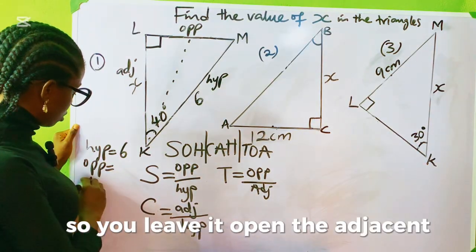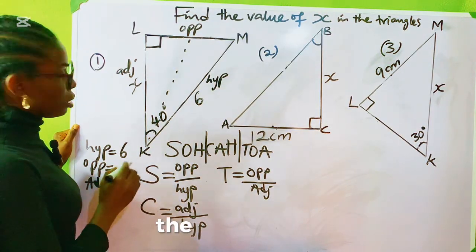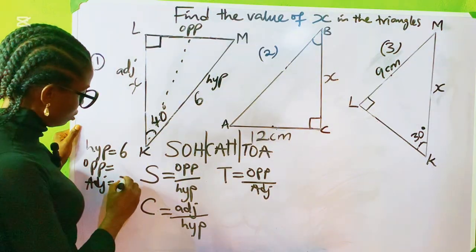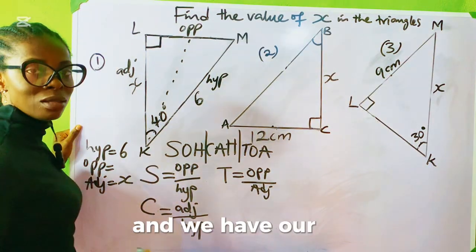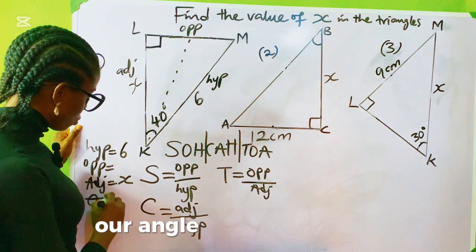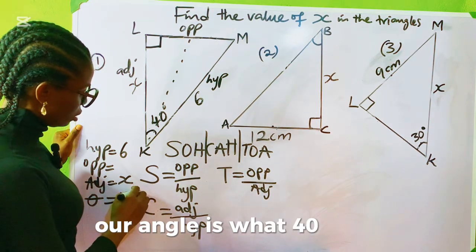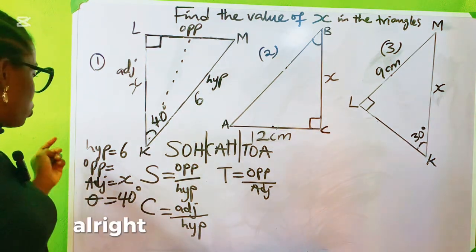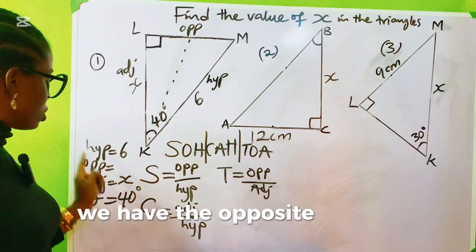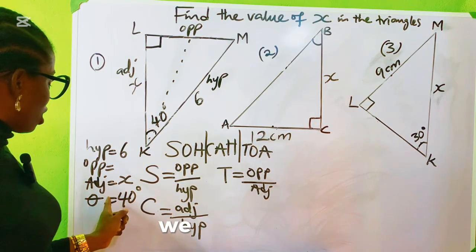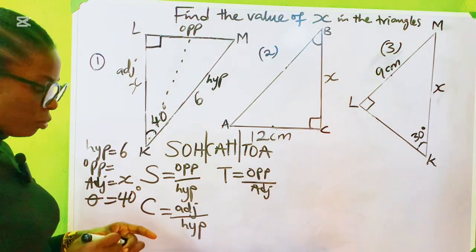The adjacent is x. And we have our theta. Our angle is what? 40 degrees. Alright, we have the hypotenuse, the opposite, the adjacent, and the theta.